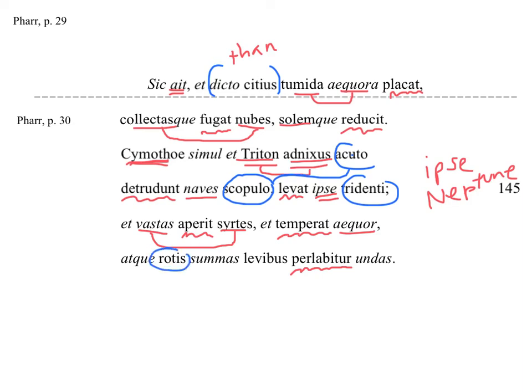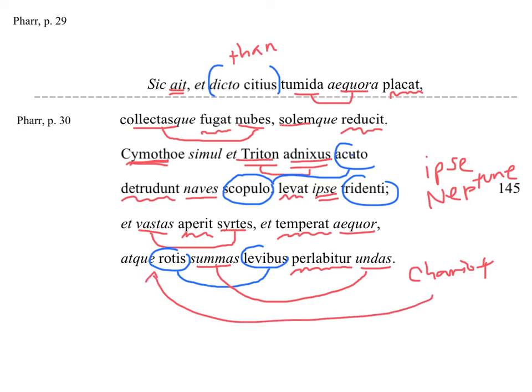With his rotis levibus, with his light wheels. Summas undas, the tops of the waves. This is his chariot, is what this means. His chariot. Okay, it doesn't say chariot, but wheels imply chariot. So I guess you could call that metonymy. There's a part for a whole here. The wheels signify the chariot.